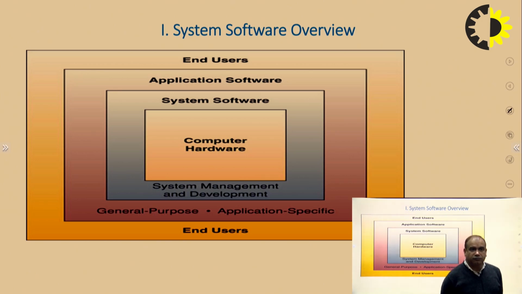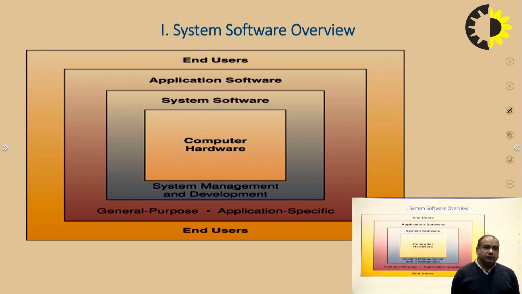Any kind of interface between hardware and application programs or the user is an operating system. On our computer, we use the Windows operating system or Linux operating system. If I talk about mobiles, we use either the Android operating system or Apple software.